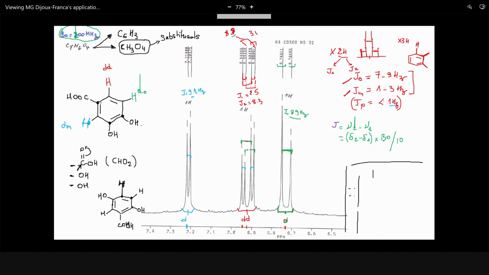Using this table, we are able to calculate the theoretical value of the chemical shift, and then make the choice between different possibilities, different structures. We'll try to do that next time.